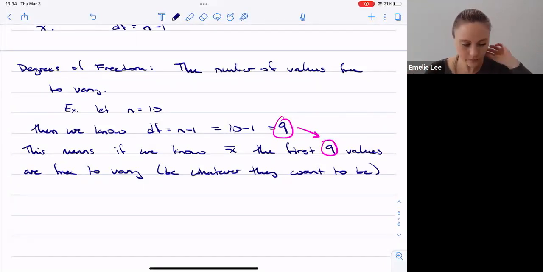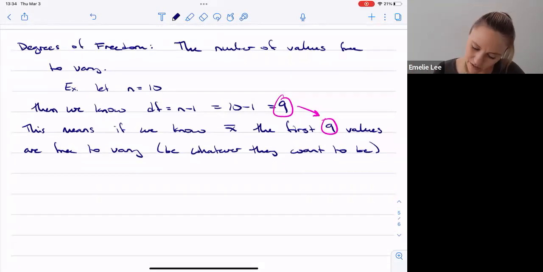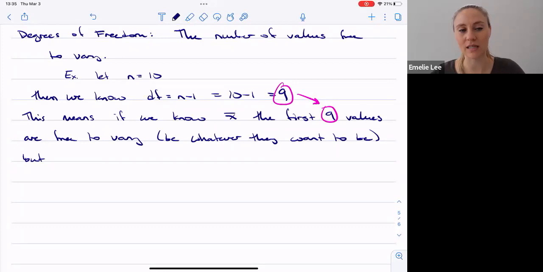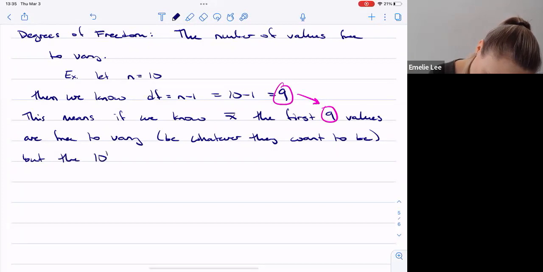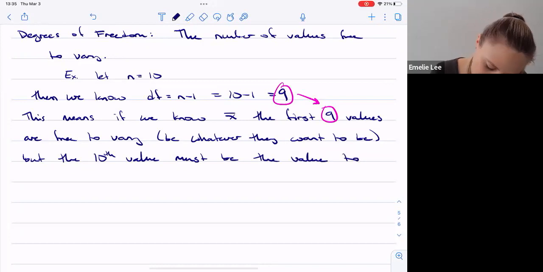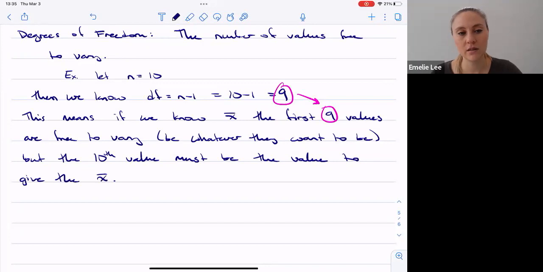And so the first 9 values are free to vary, but the 10th must be the value that gives us the x bar, right?